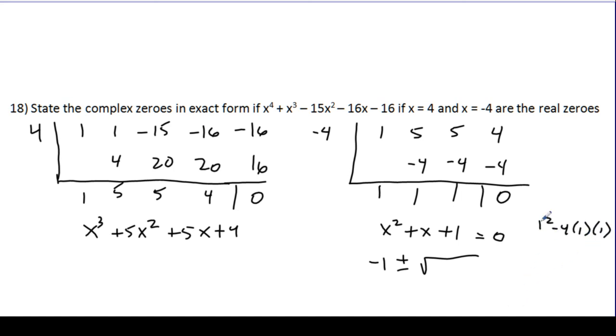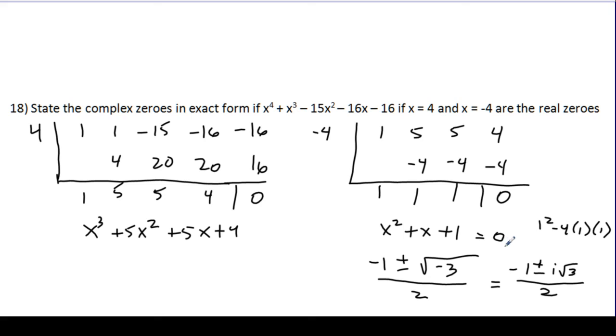So it looks like 1 minus 4. 1 minus 4 is negative 3, all over 2a, which is just 2. Again, I have to bring the i out of this. Negative 1 plus or minus i root 3 all over 2.